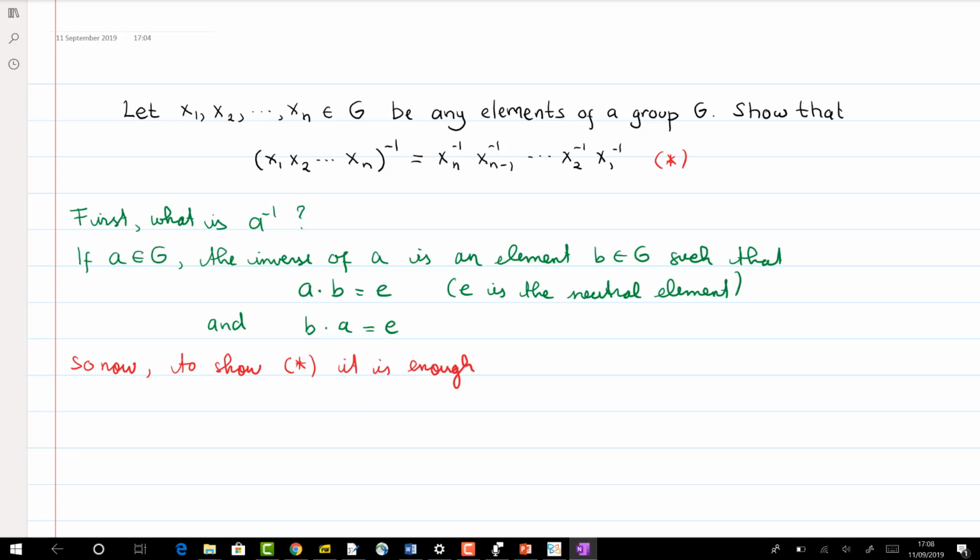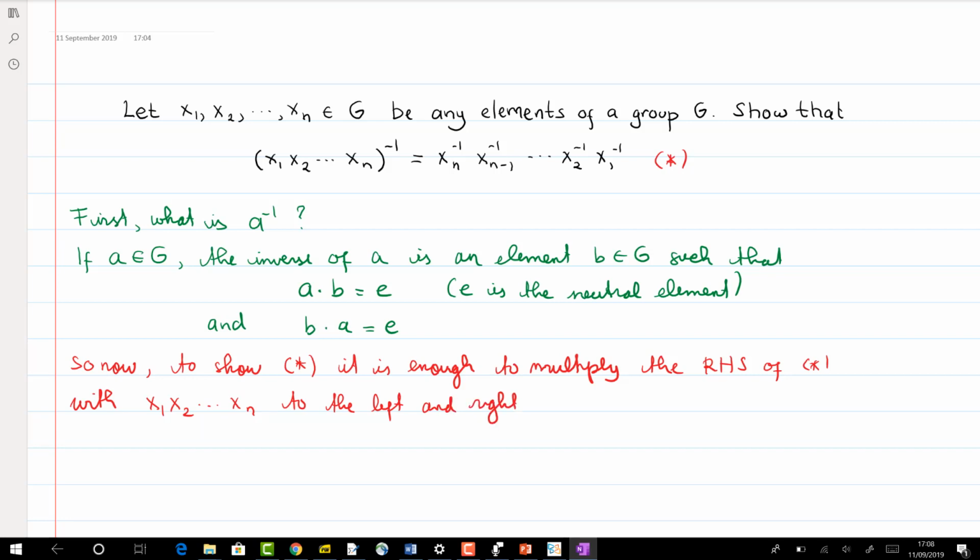Okay, so according to the definition that we just mentioned above, it is enough to check that the right hand side of that star equation, if we multiply it with x1, x2 up to xn, either from the left or to the right, we gives back the neutral element. So we just need to multiply the right hand side with the product of x1 up to xn, to the left and to the right.